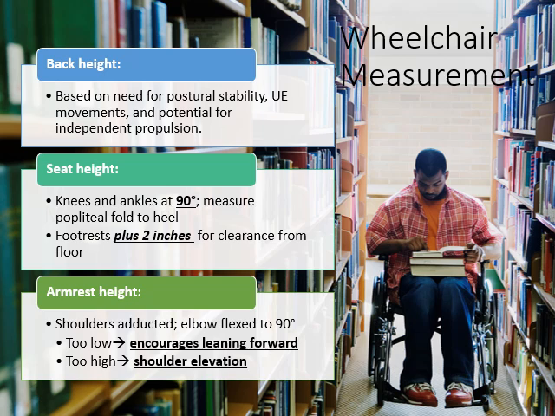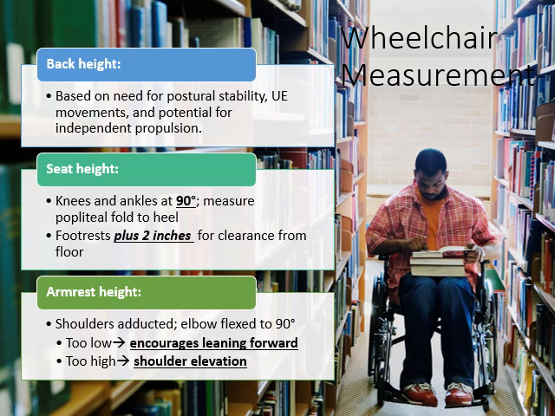We're going to take that same measurement from the back of the knee all the way to the heel, but we need to add height to that seat to allow for clearance for those footrests. So usually an added 2 inches. So whatever that length is from the heel to the back of their knees, plus 2 inches for somebody who will need footrests on their wheelchair.